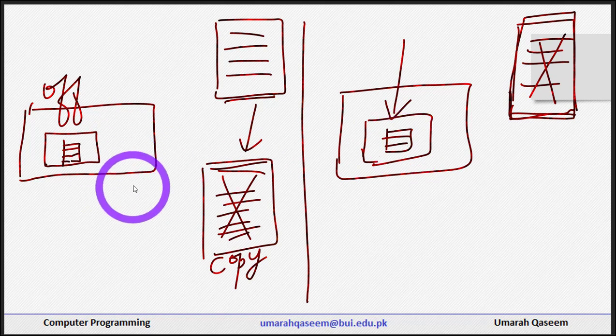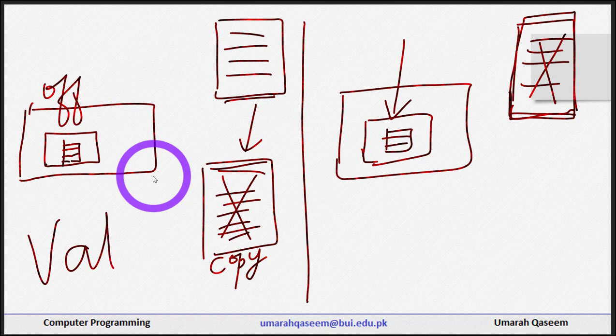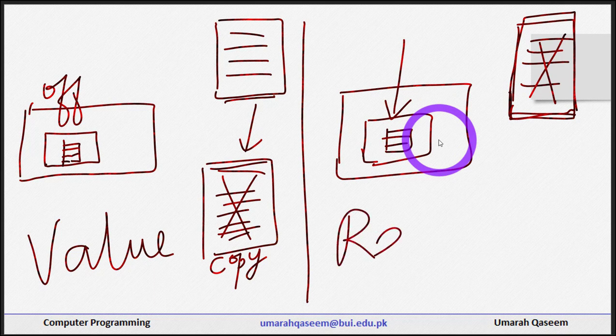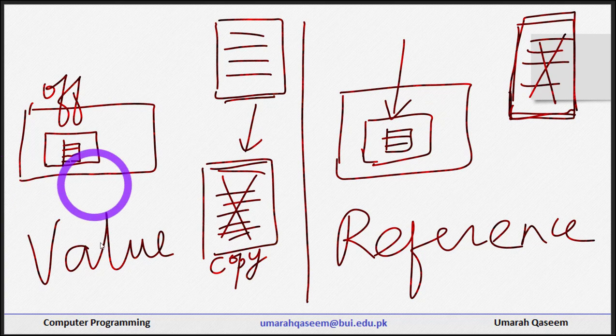The first scenario that we discussed is actually function call by value, and the second scenario is function call by reference, right? In the function call by value, a copy of variables is being sent to the function.